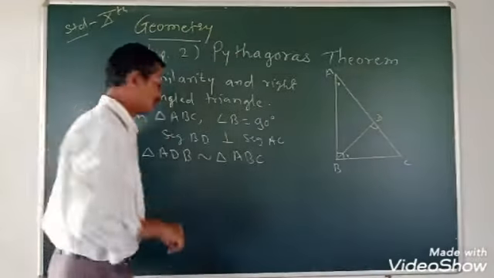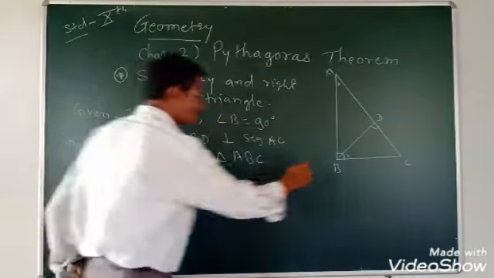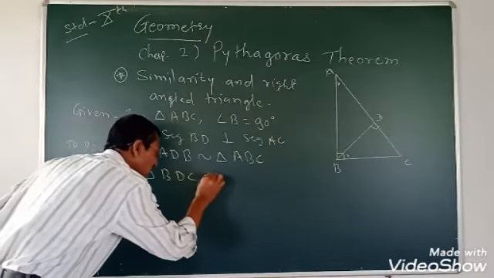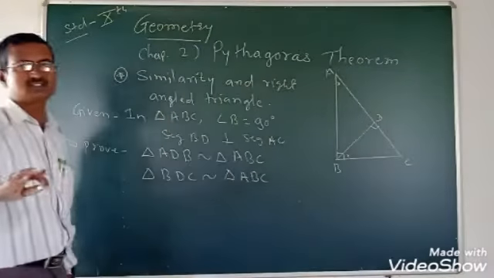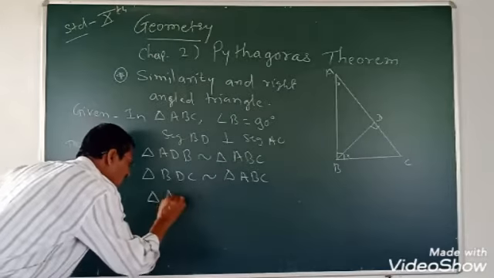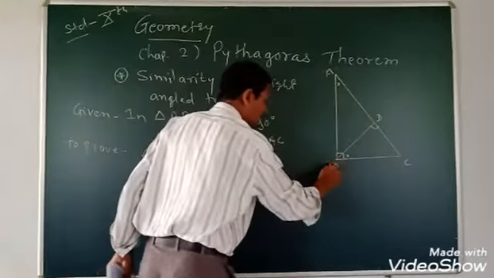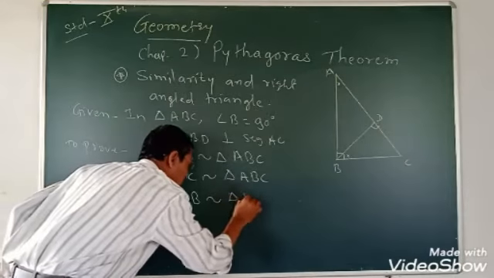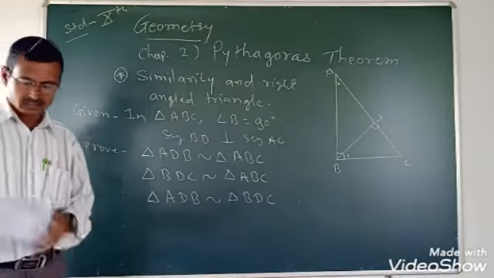Again, the other triangle BDC is also similar to the original triangle ABC, and they are similar to each other: triangle ADB is similar to triangle BDC. We have to prove it.